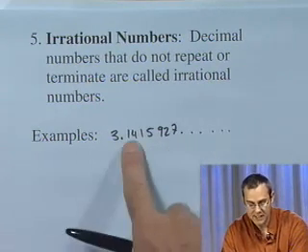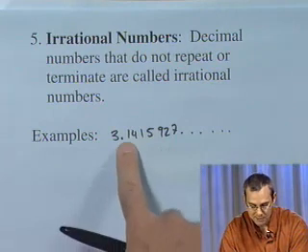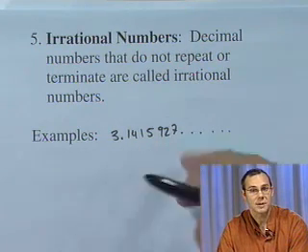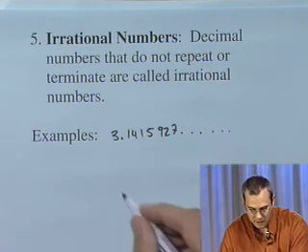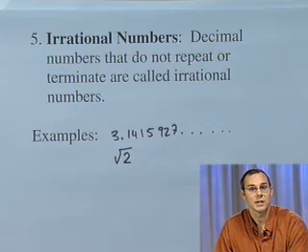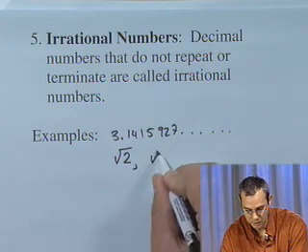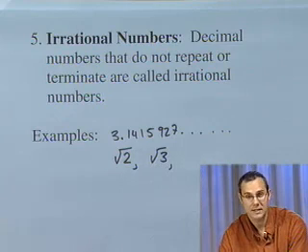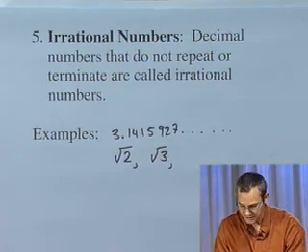These dots mean that it's going to go on forever in some random order. Okay? So if we have a decimal that does not repeat, just has a random order, that's known as an irrational number. A lot of square roots that do not reduce are also examples of irrational numbers. Square root of 2, square root of 3, etc. Okay? So that's our whole number system.